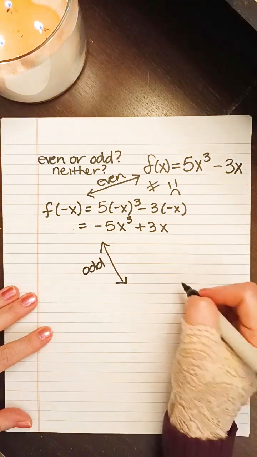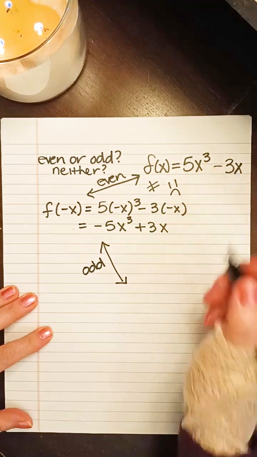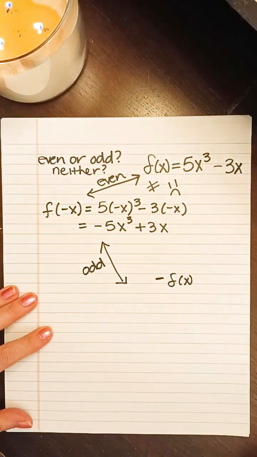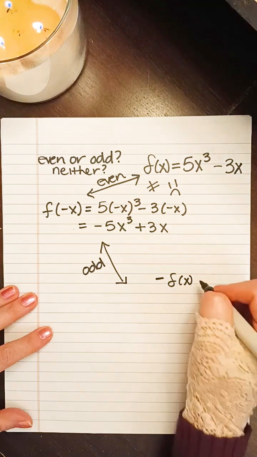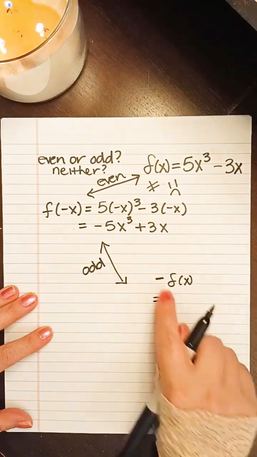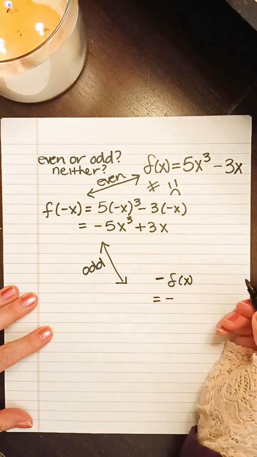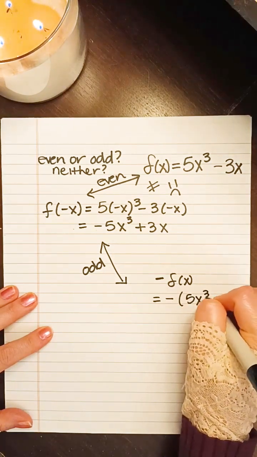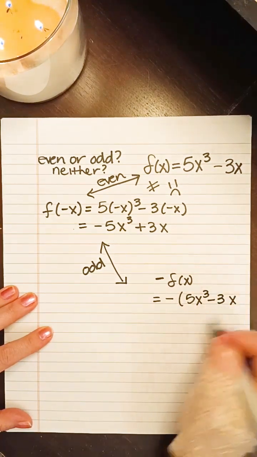What we're going to do is take f of x and multiply it by -1. So we get a negative sign here, bring that down, and then multiply it to f of x, 5x cubed minus 3x.